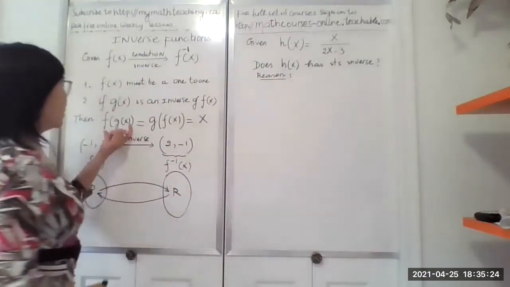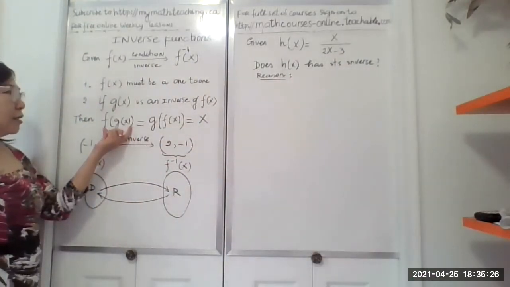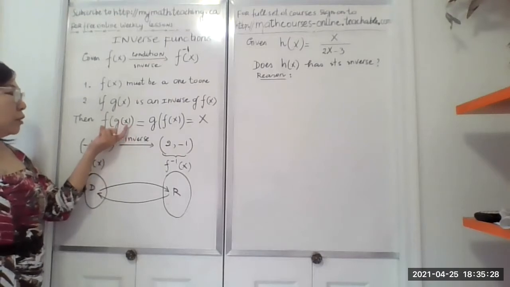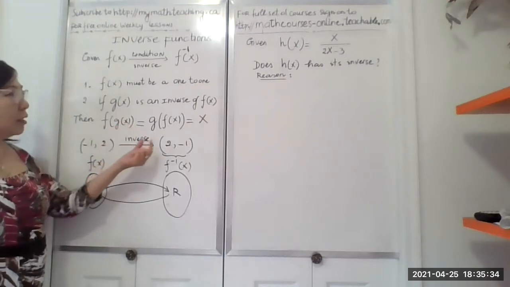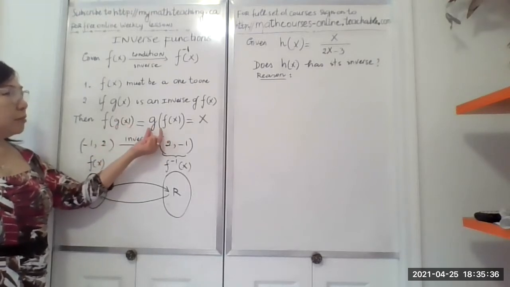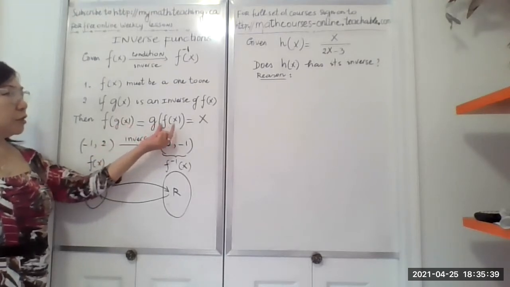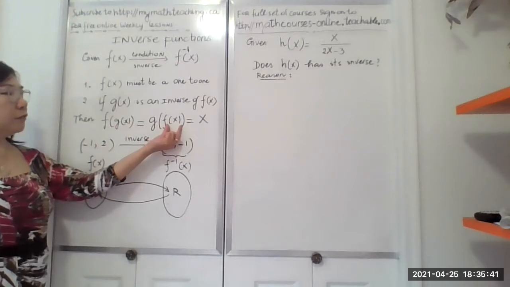Here you can see this is the composite function. In f(g(x)), f(x) is the outer function and g(x) is the inner function. Here, g is the outer function and f is the inner function.